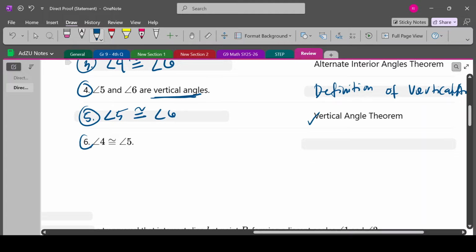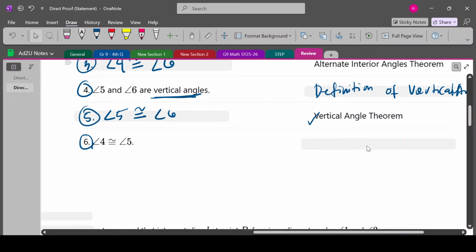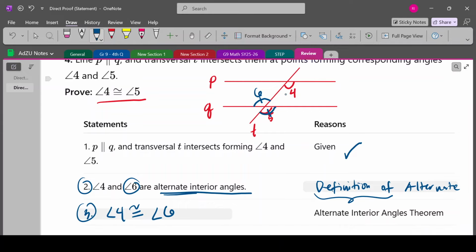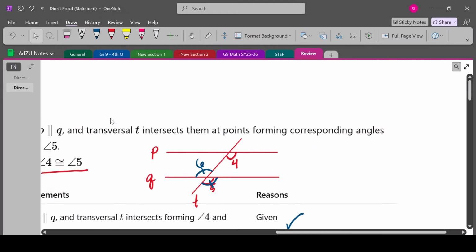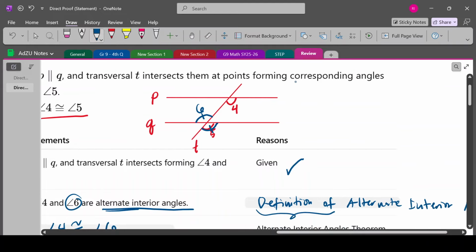Number 6. Sa number 6 naman, we have angle 4 is congruent to angle 5. Ano yan sila? What's the relationship of that two? Angle 4 and 5, anong relationship ng 4 and 5 again? They are corresponding angles right here.